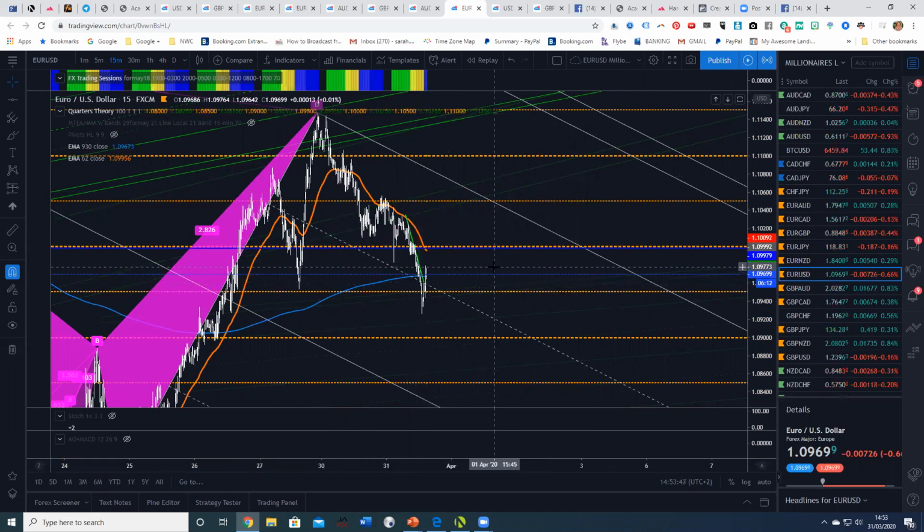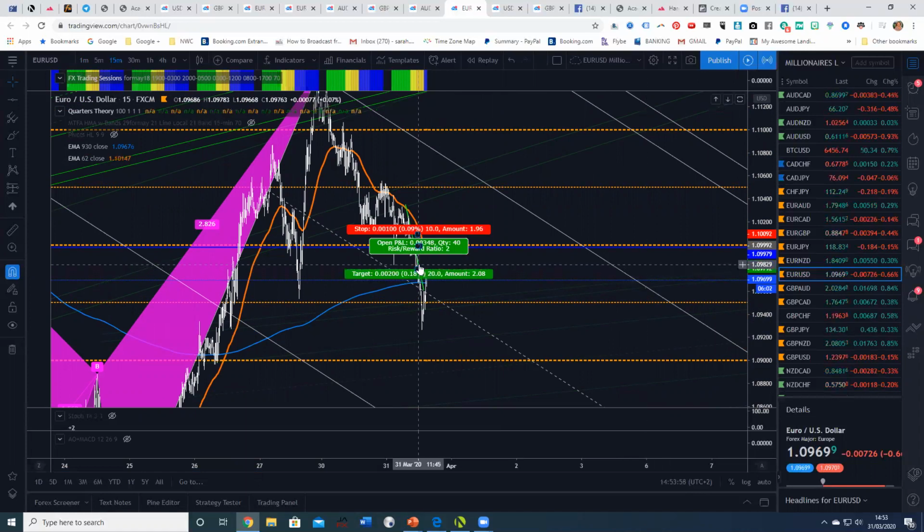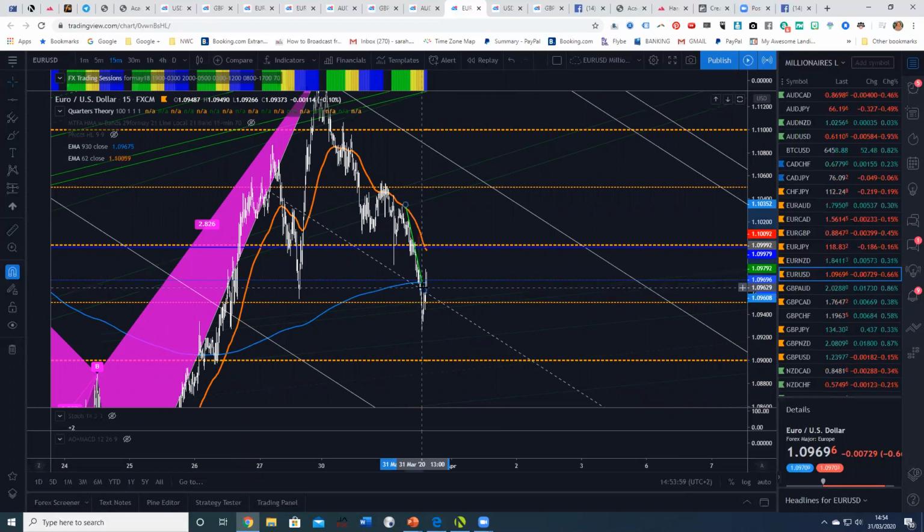You've got the similar thing. If you are in GBP and euros, sometimes you've got to be careful if you're correlating pairs, see if they move in a similar way or not. This is in a strong downward momentum coming below quarter theory. Is it going to cross that 15-minute one? Let me take off that.